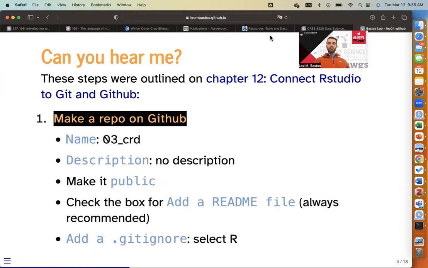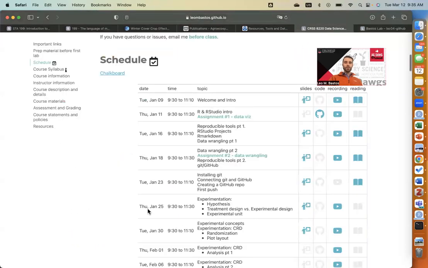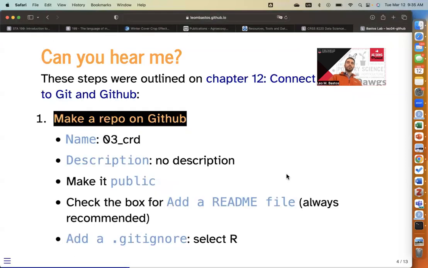These are the slides with those steps in case you want to see them, but there are 3 slides here and I'm only showing you one. So if you want to go to each one of them on your side, these are the slides from the class on January 23rd in our schedule.